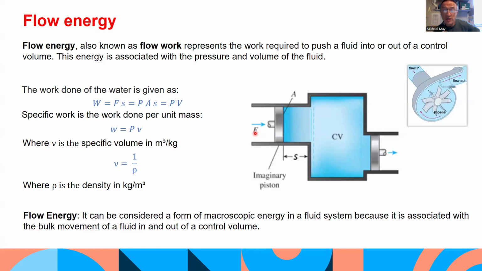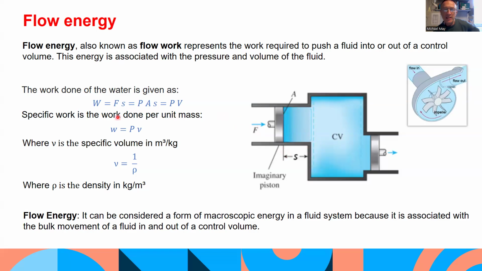So if we transpose it, we'll get force equal to pressure times area. When we calculate work as force times displacement, the force can be expressed in terms of pressure times area, and then the area times the displacement is the volume of fluid that we're dealing with here.